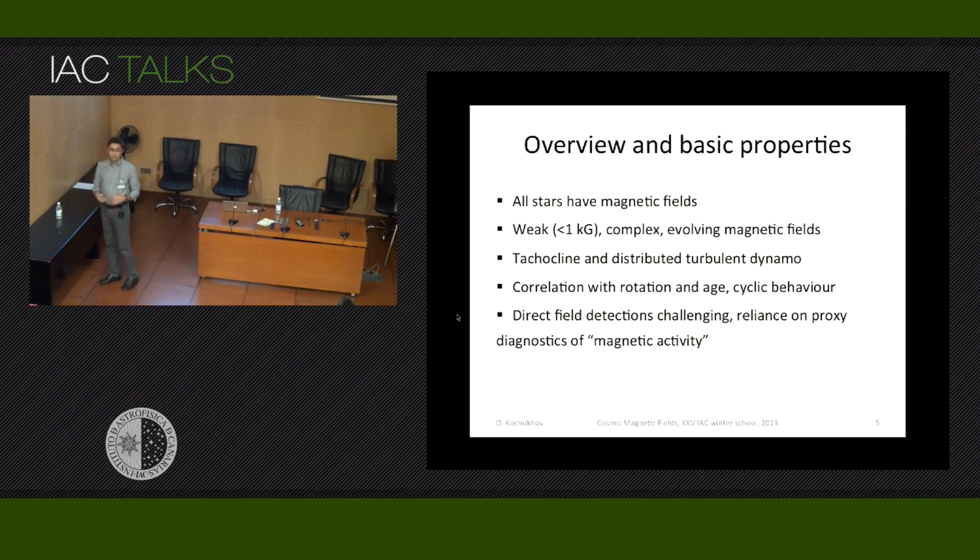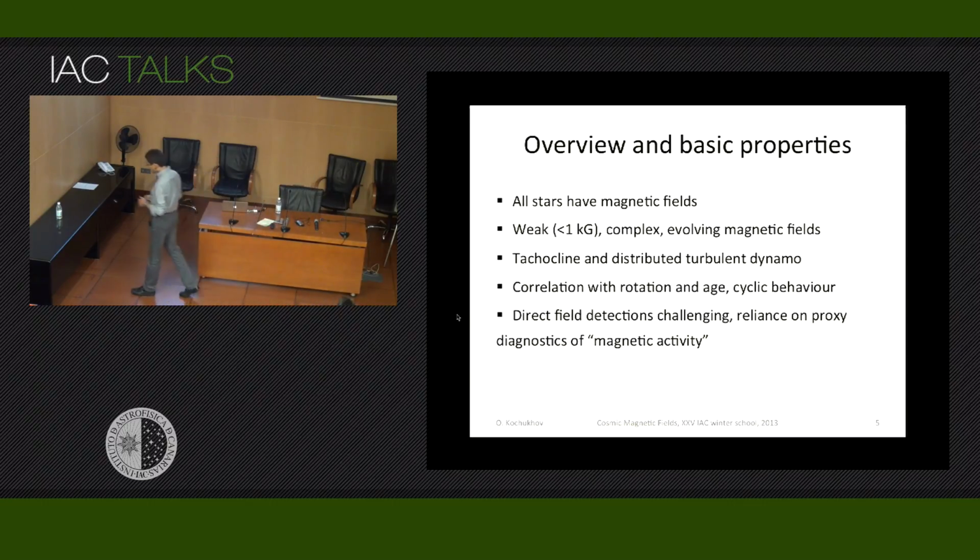Fields evolve, and that's an important consideration. If we want to use, for instance, Doppler imaging, that means we have to acquire our data set looking at the star at different rotational phases fast enough so that the star doesn't have time to change its field. And fields are complex, so intermittent.